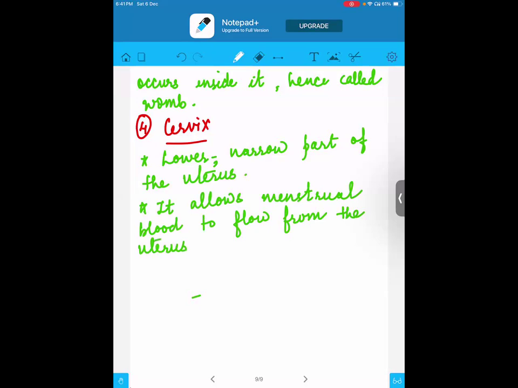So whatever blood flows out through the uterus reaches the cervix, and the cervix passes it to the vagina. So that is how it is acting like a passage. So the uterus releases the blood which goes to the cervix, and from the cervix it is given to the part called the vagina.